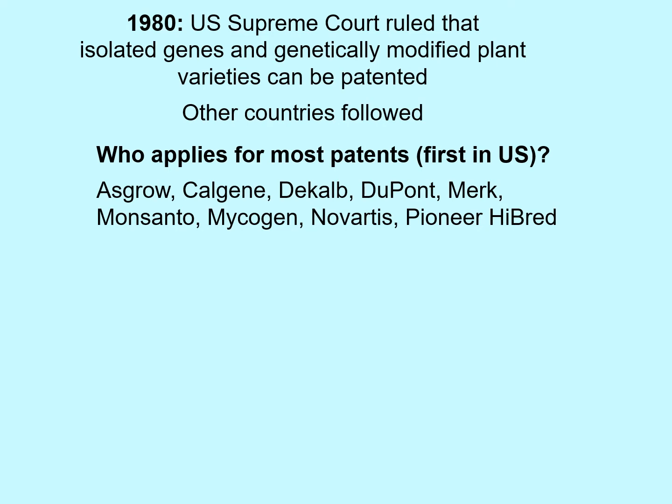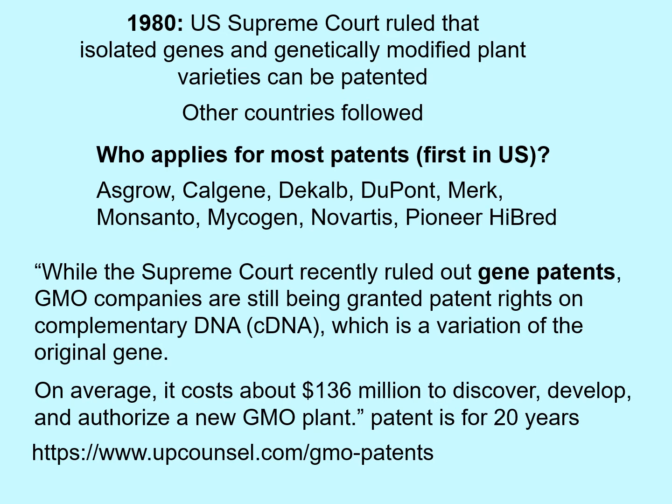Some of these companies listed here now are part of other companies. However, the Supreme Court recently ruled out gene patents. Despite that, genetically modified organism companies are still being granted patent rights on complementary DNA. That is DNA that's a variation of the original gene.